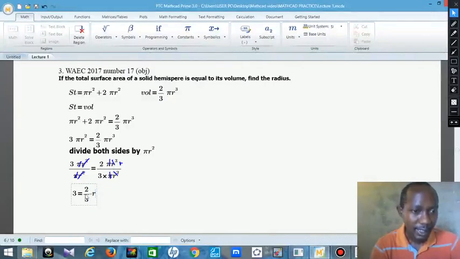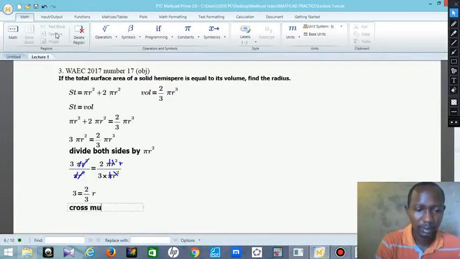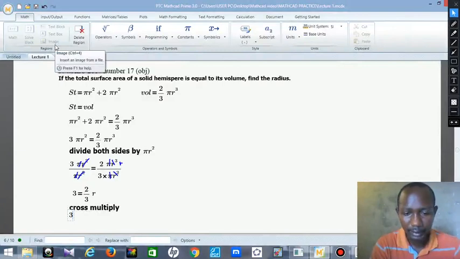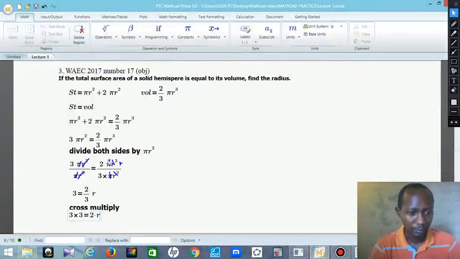So to end this case now is to cross multiply. So when we cross multiply, we are going to have 3 times 3 is equal to 2r.